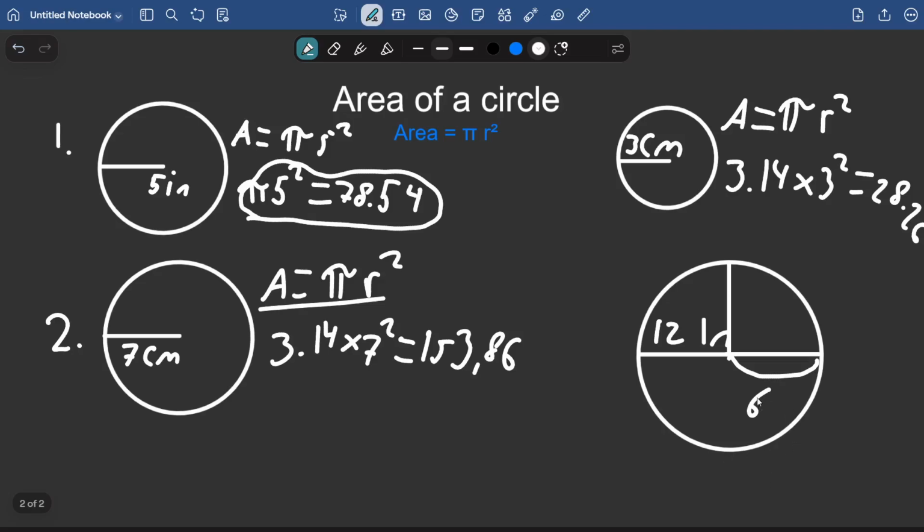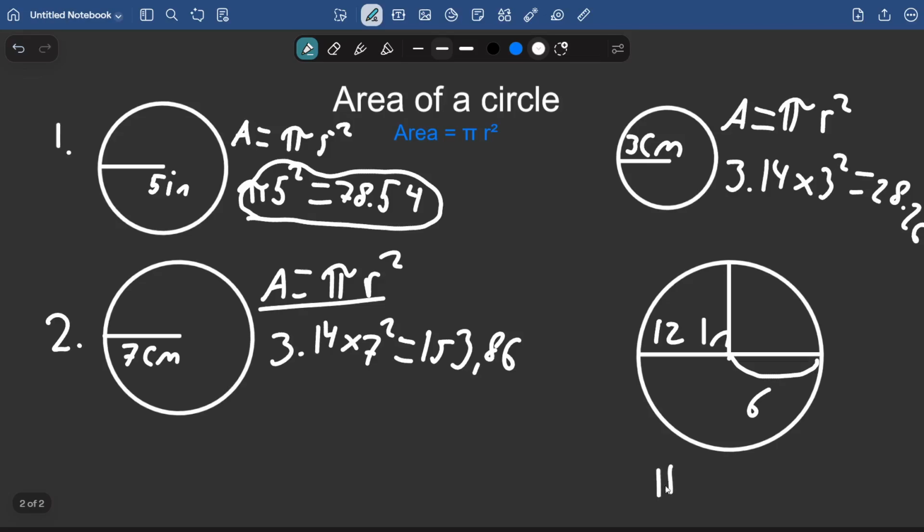So here we can do immediately pi times 6 squared equals 113.04. Let's write it down at a different place because that place doesn't have very good space.